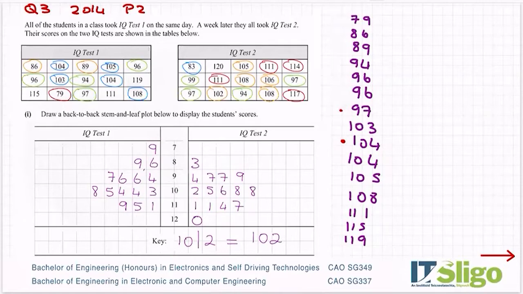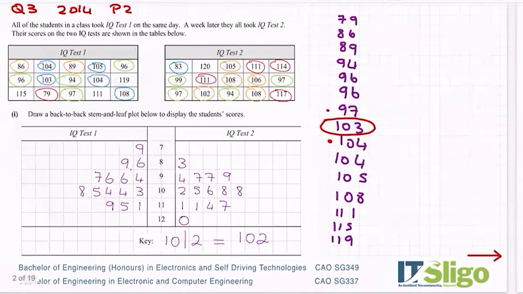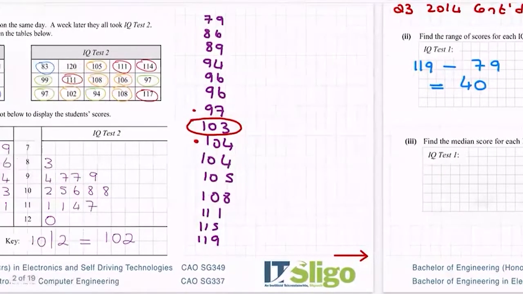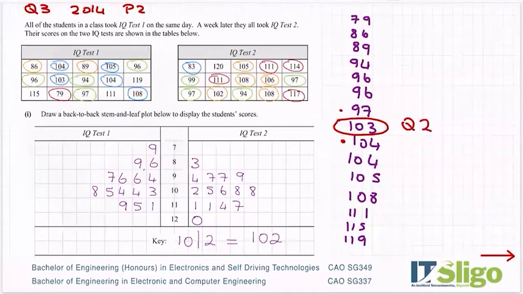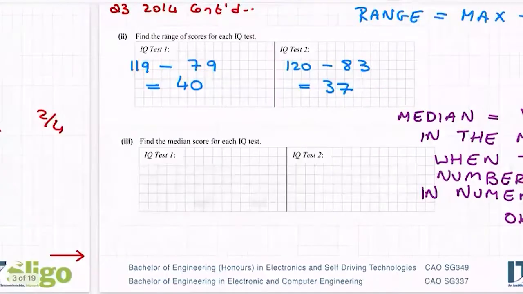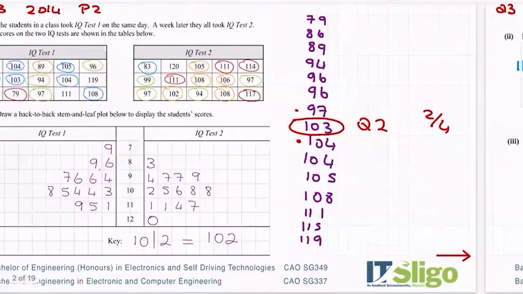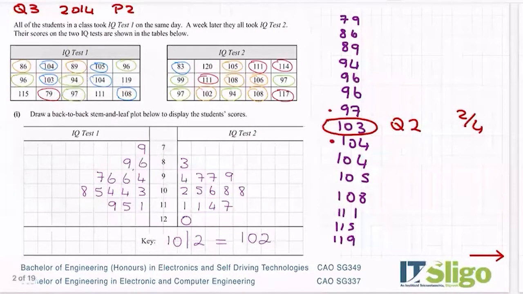So can you see now that the value in the middle is 103. So that is my median for middle, okay? It's also called the second quarter, okay? Because second quarter is a half, okay? And that is the number that is halfway down. So my median for Q1 is 103.